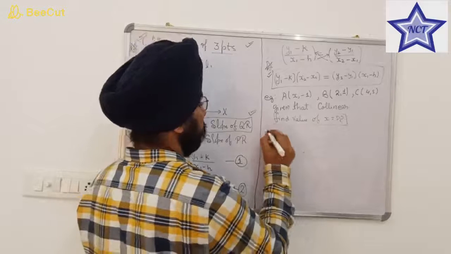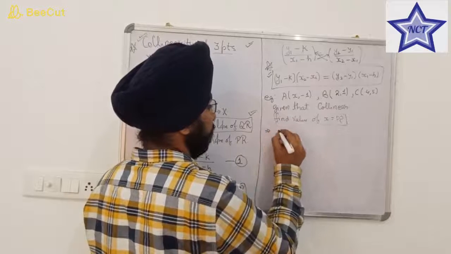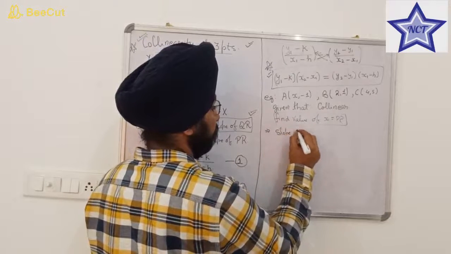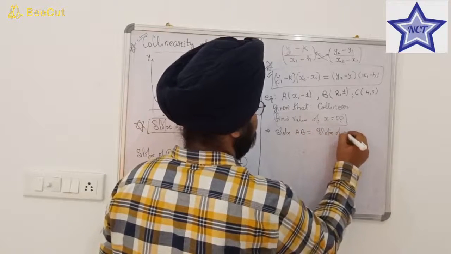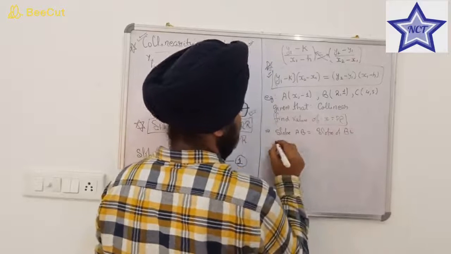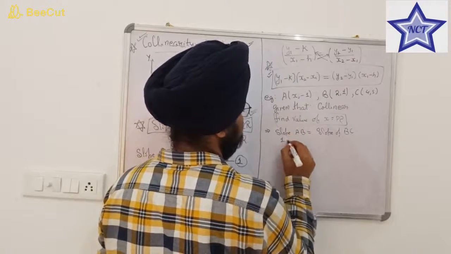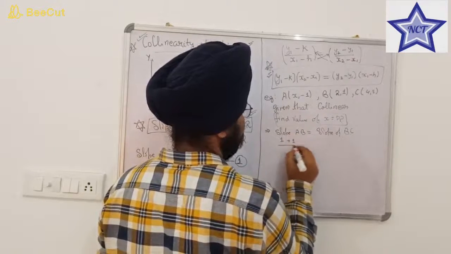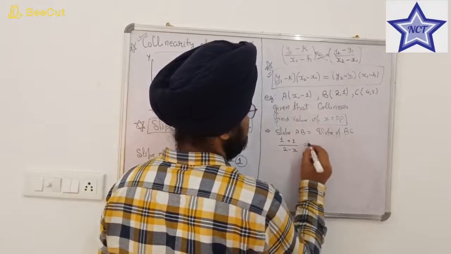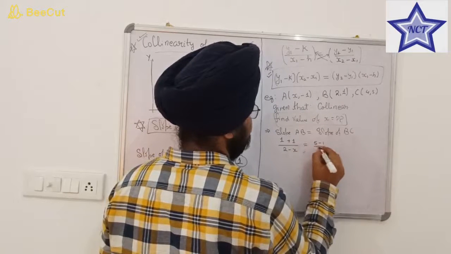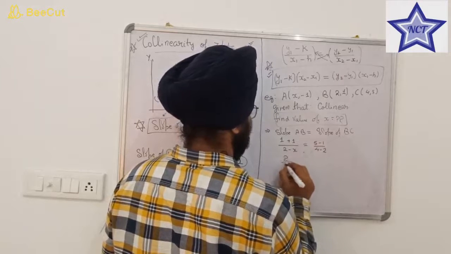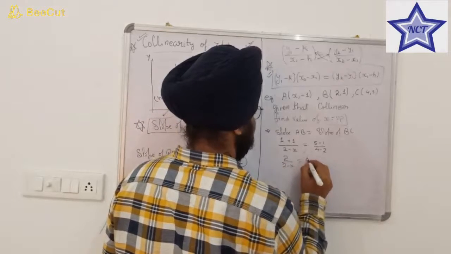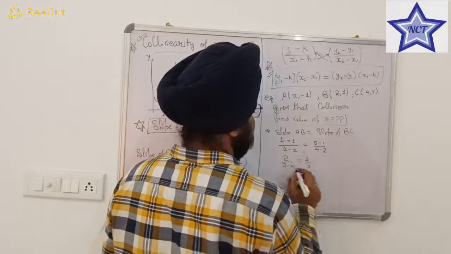So, how am I doing it? Slope of line AB equals slope of line BC. AB means slope (1 plus 1) upon (2 minus x), BC is (5 minus 1) upon (4 minus 2). 2 upon (2 minus x) equals 4 upon 2.